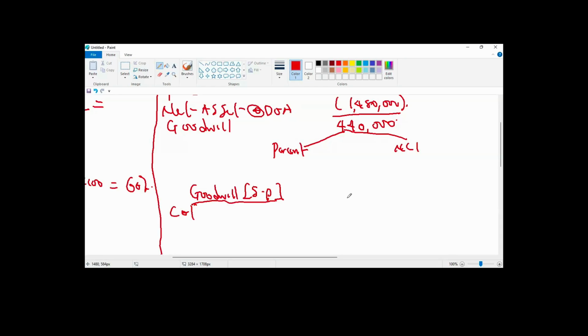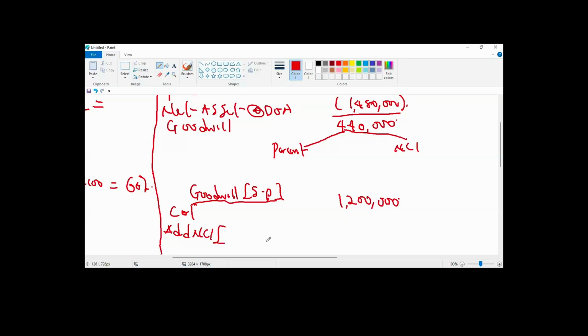It's 312. I said the goodwill of the parent is share of proportionate. How do we treat NCI?